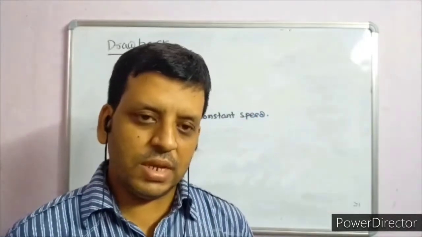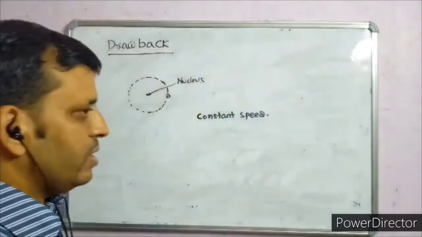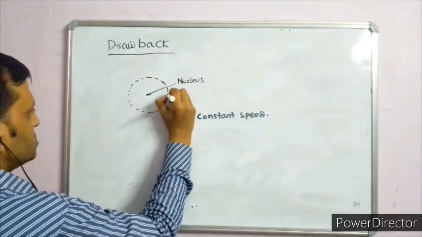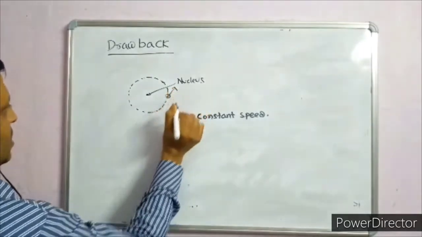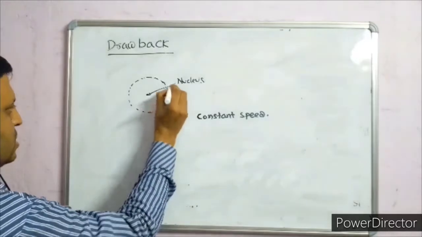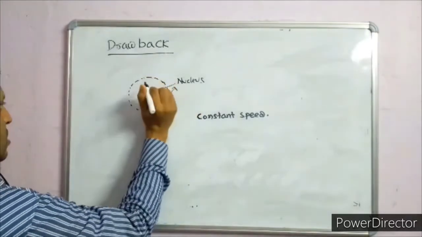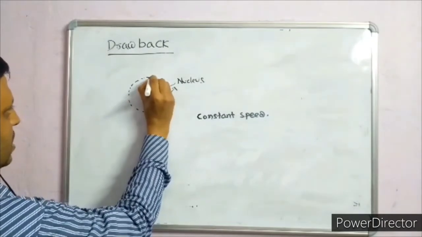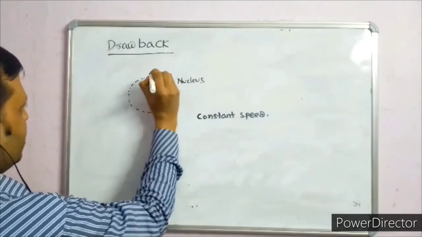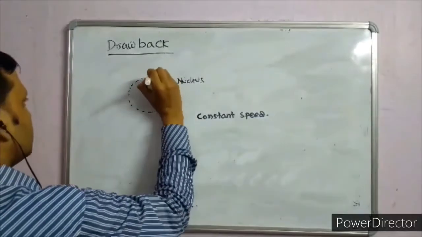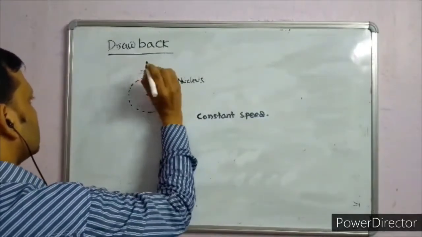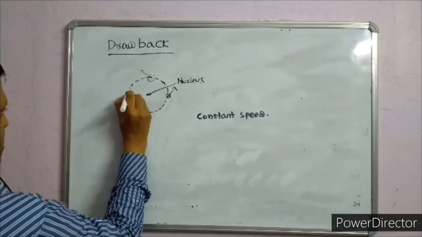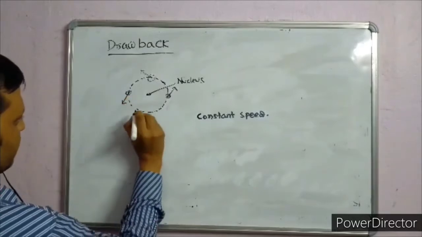But if we consider the direction of movement of this electron, we can see that at this point the direction of movement is like this. Let us consider another point. When the electron reaches this point, the direction of movement is something like this. Again, when the electron comes here, the direction of movement is something like this.